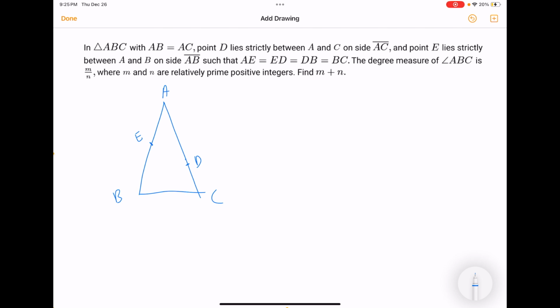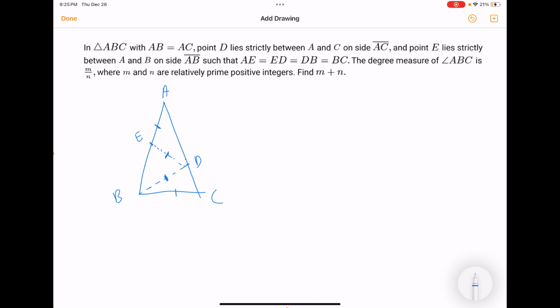I'm just going to connect these because it tells us that some of the lines are the same. So we know AE is equal to ED, which is equal to DB, which is equal to BC. So these four lines are the same. And it's asking us to find out basically the measure of angle ABC.